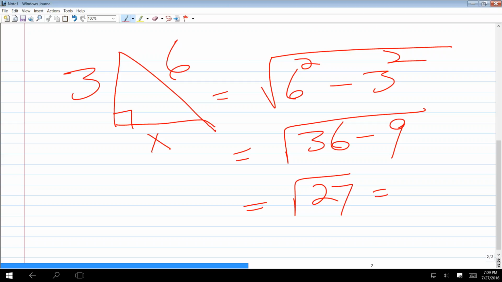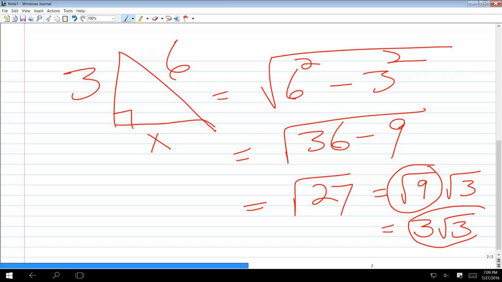This is one of those numbers that you can reduce. What are factors of 27? What two numbers multiplied together? 9 and 3. So I can say that's the square root of 9 times the square root of 3. And then the square root of 9 is 3.